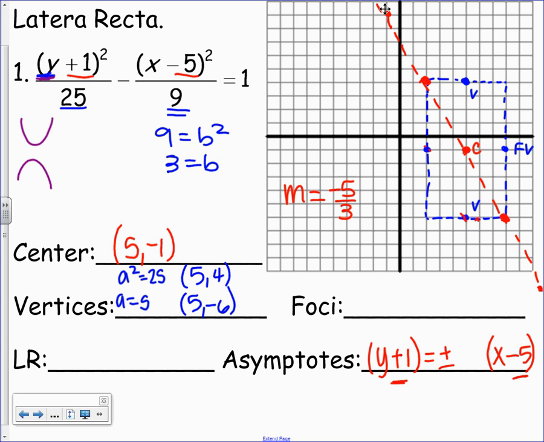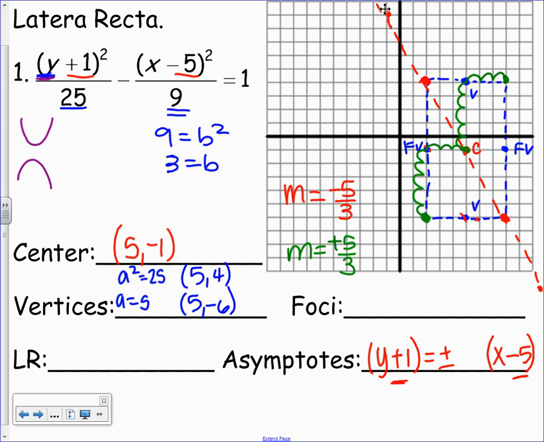So what about the other asymptote? On this other asymptote, if I go through it in this direction, I'm going up 1, 2, 3, 4, 5 over 3. Up 5 over 3. So this other equation is +5 over 3.